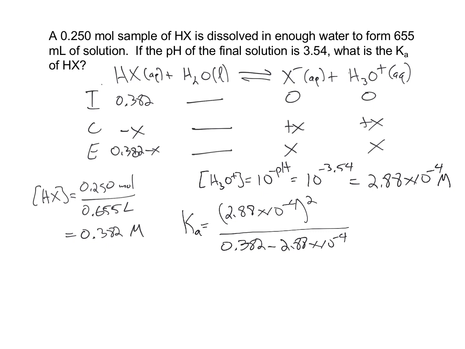And to the 3 decimal places that we have, that's actually not going to change the 0.382. But I guess it doesn't really matter. We can just go ahead and calculate it. Just put the numbers in. And when I solve that out, I get my Ka to be 2.17 times 10 to the minus 7.